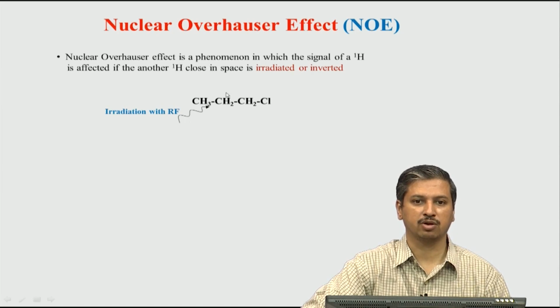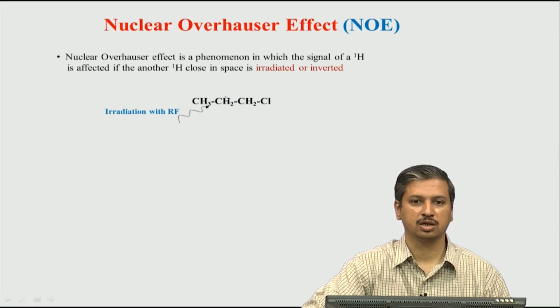The two hydrogens can also interact through space, not through a bond, because they are close in space, and that is called dipole-dipole interaction. Remember, the spins are all magnetic, so we call them magnetic dipoles. There is a dipole moment associated with one hydrogen and a dipole moment associated with the second hydrogen.